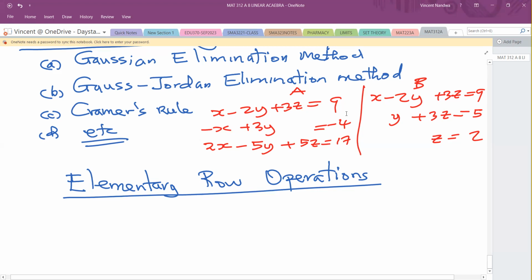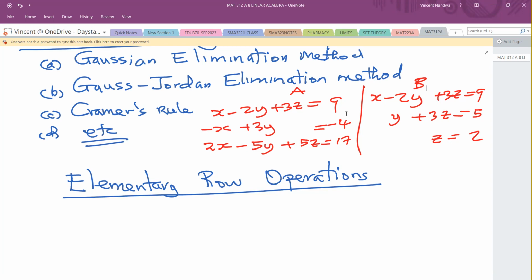So there are majorly 3 elementary row operations that we'll be discussing, that are always available to be applied on any given system of linear equations or any matrix formed from a system of linear equations.